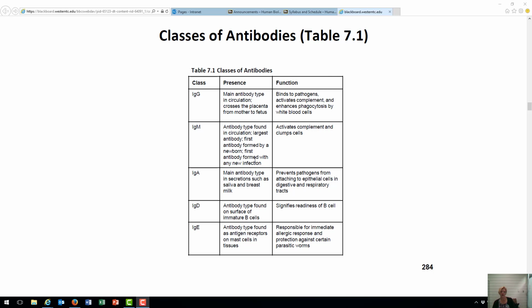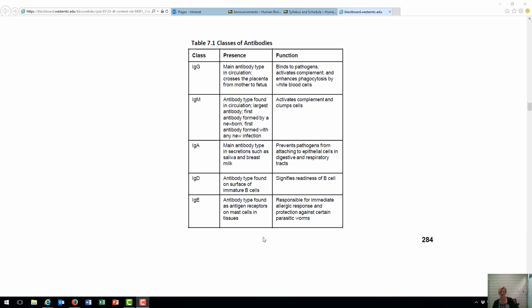And then IgM is something that we form right away when we have a new infection. It's one of the quickest antibodies on the scene, and that's an important one for infections of all kinds in the tissues. So they all have, like I said, kind of a specialty and a speed with which they can fight infection. I'm not going to hold you accountable for all those details, but it is important to know there are antibodies.